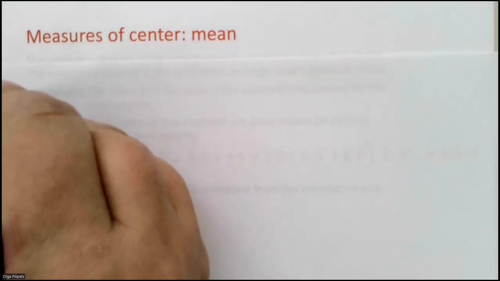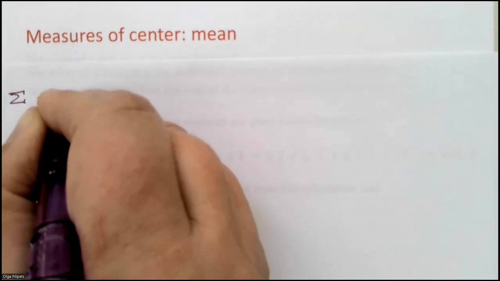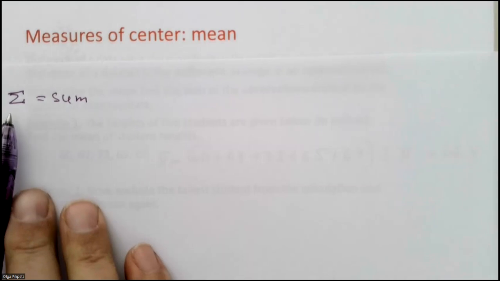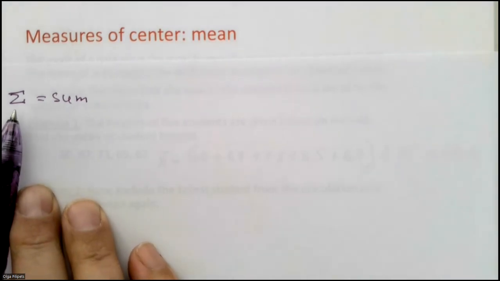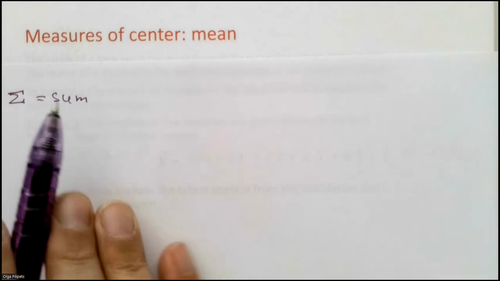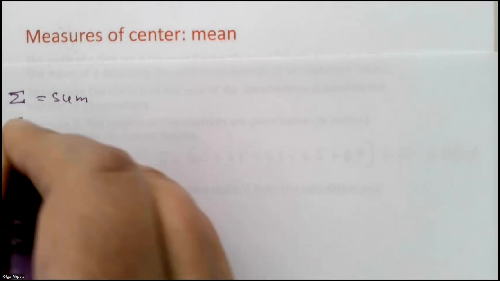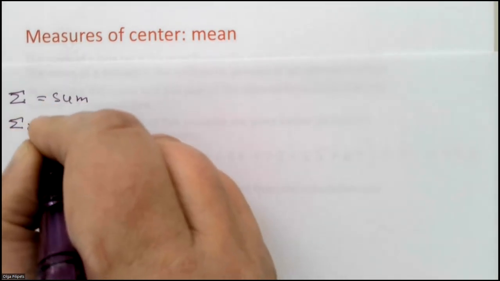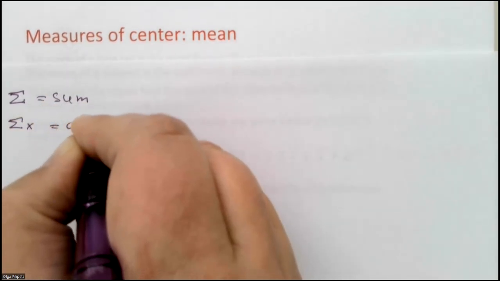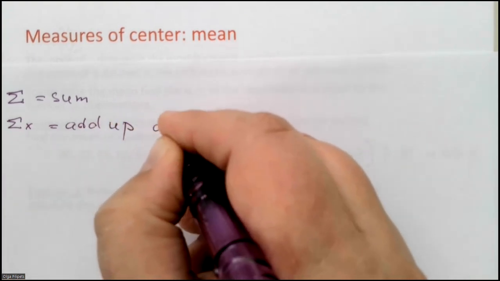The first one is the Greek letter sigma, which represents the sum. Basically, whenever you see this letter sigma, that means add up values. So if you see sigma followed by X, that means add up all X values.